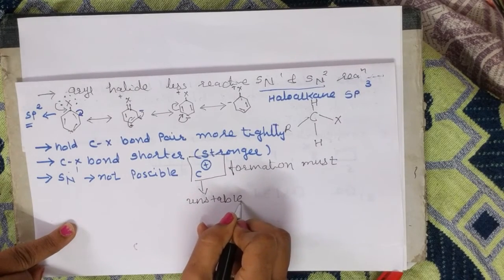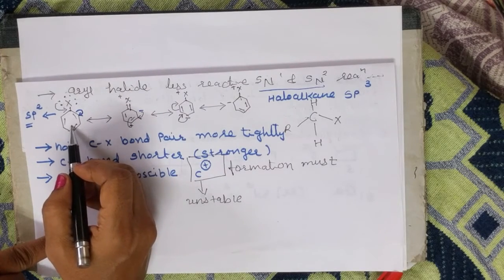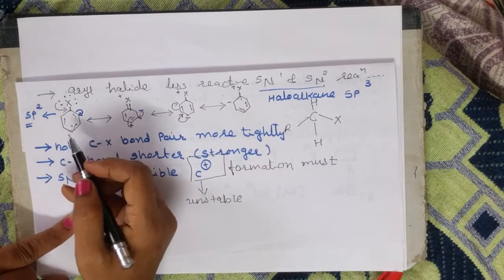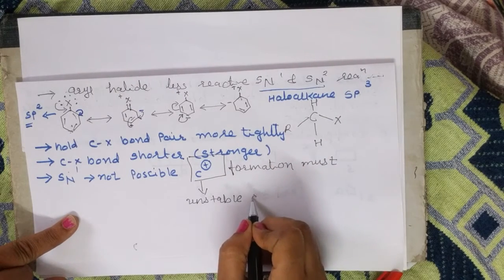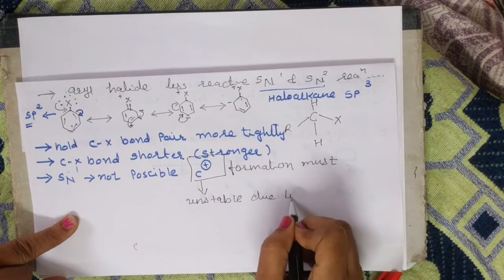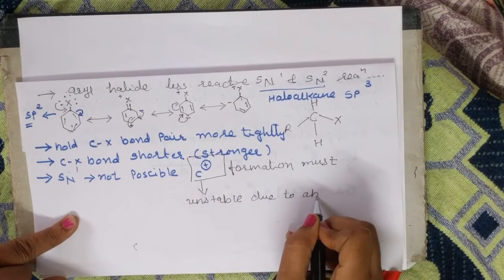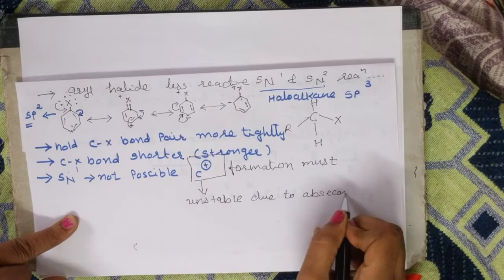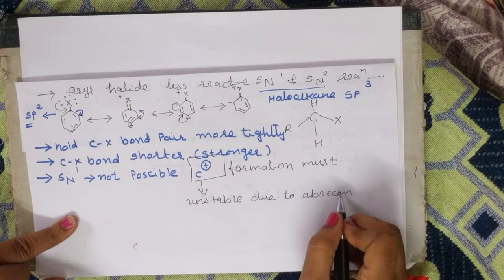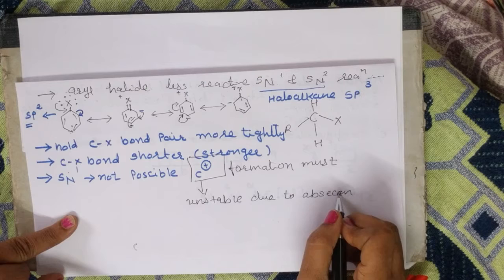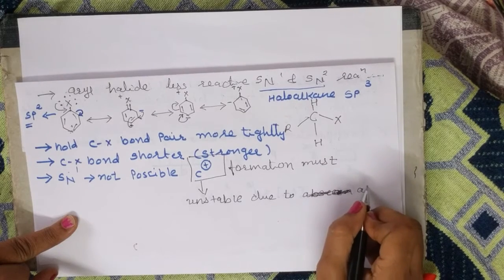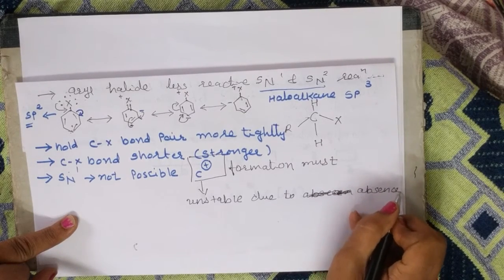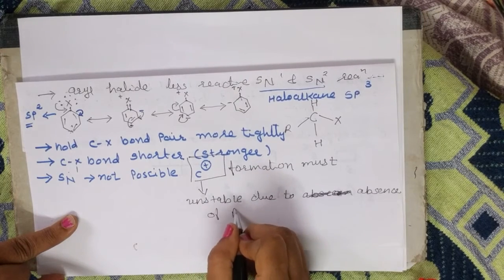Why is it unstable? Because haloarene has an absence of resonance.